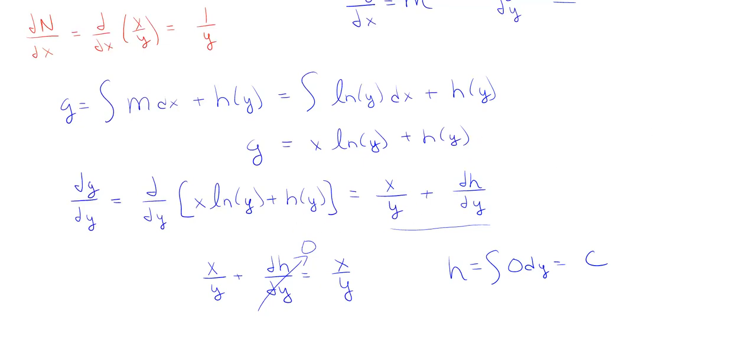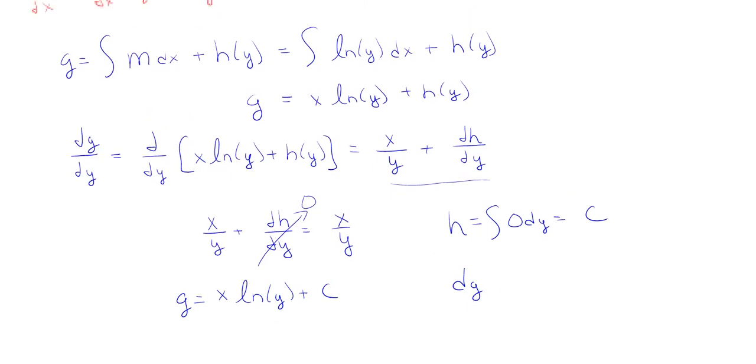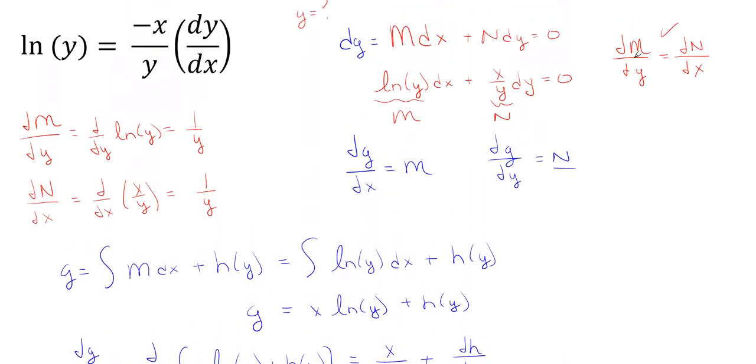So let's rewrite g here with this new information. We end up with g is equal to x natural log of y plus a constant. Well, do you remember what dg is equal to? Well, dg is equal to 0 here.